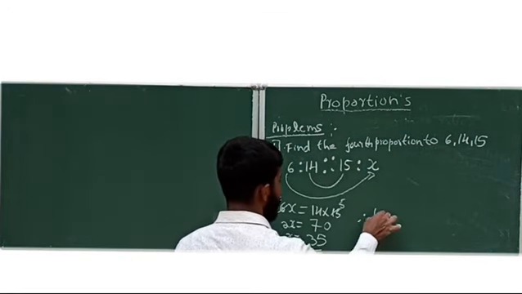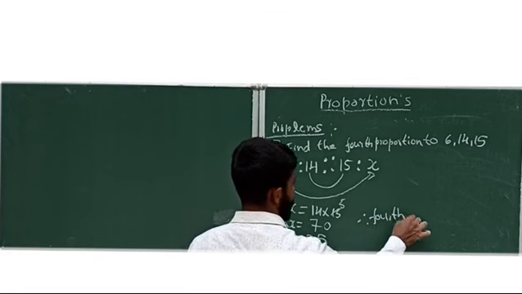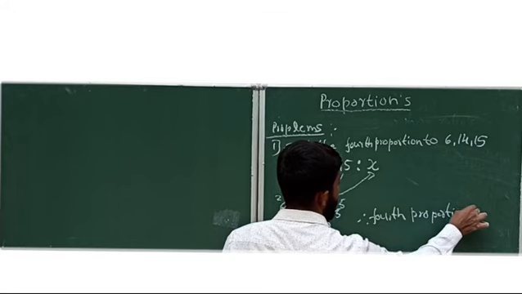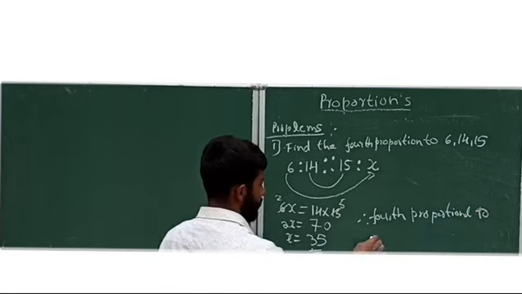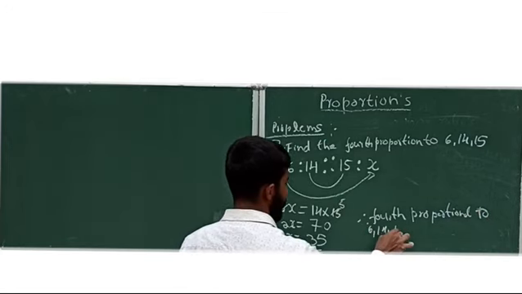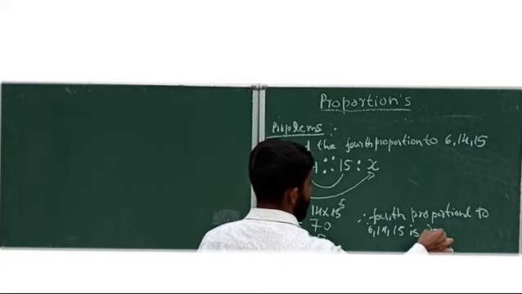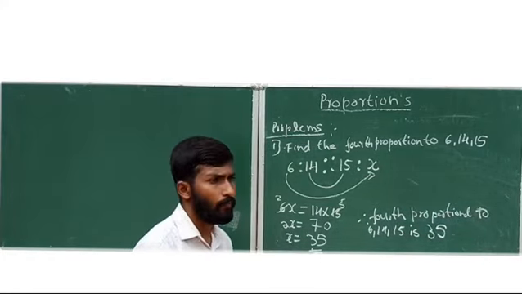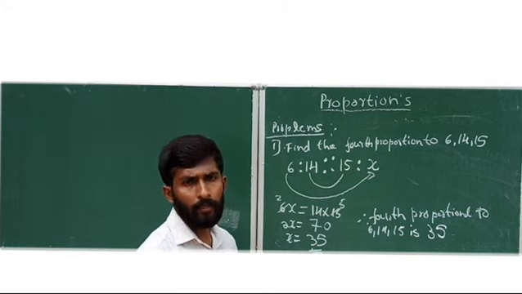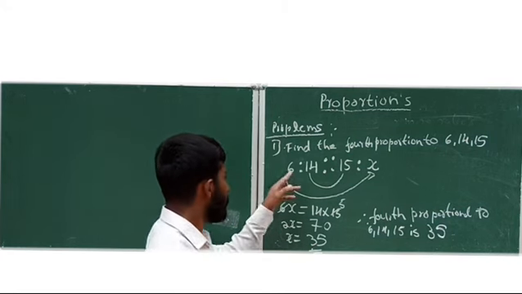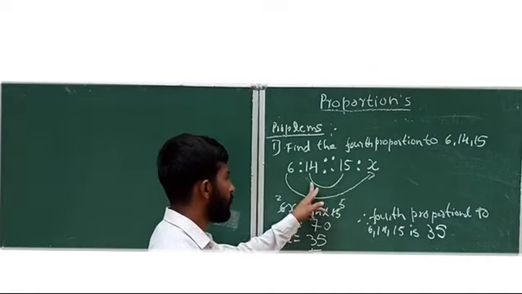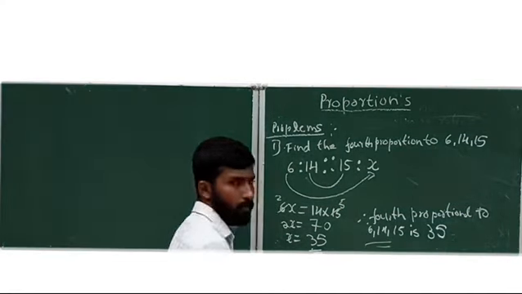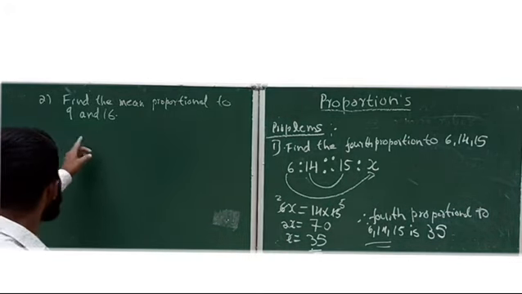Okay. Therefore, the fourth proportional to the given numbers 6, 14, 15 is 35. Okay, clear? Just use the proportion formula. Whenever two ratios are equal, product AD is equal to BC. Then simplify, then write the conclusion. Clear? See the next question.